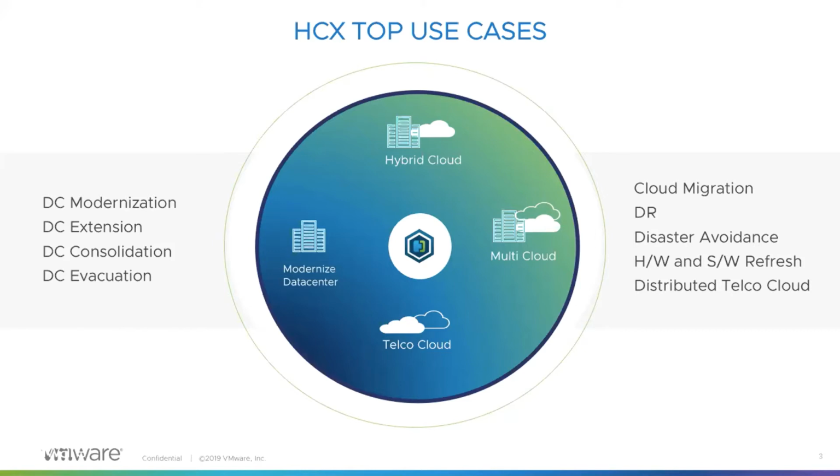That refactoring, replatforming is a very painful and tedious time-consuming effort. So that's where HCX truly shines, when it can give us that hybridity of potentially vMotioning a virtual machine from on-prem to cloud.